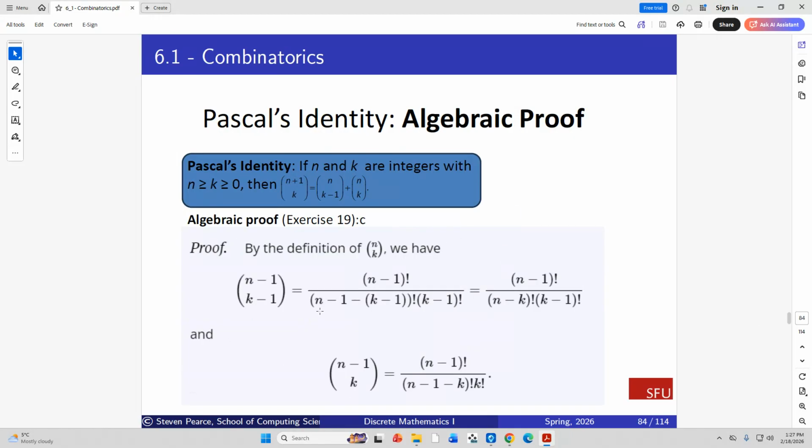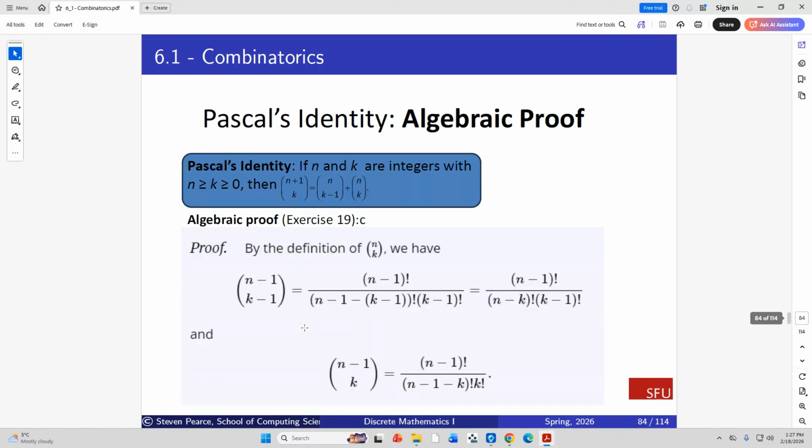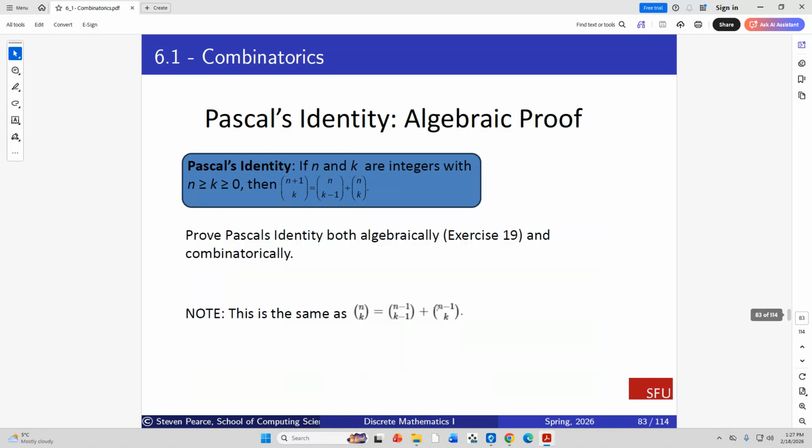Okay, so what do we have here? By definition of n choose k, we have n minus 1 choose k minus 1. By this definition here, it equals this. So that's n minus 1 factorial, as you can see right here.